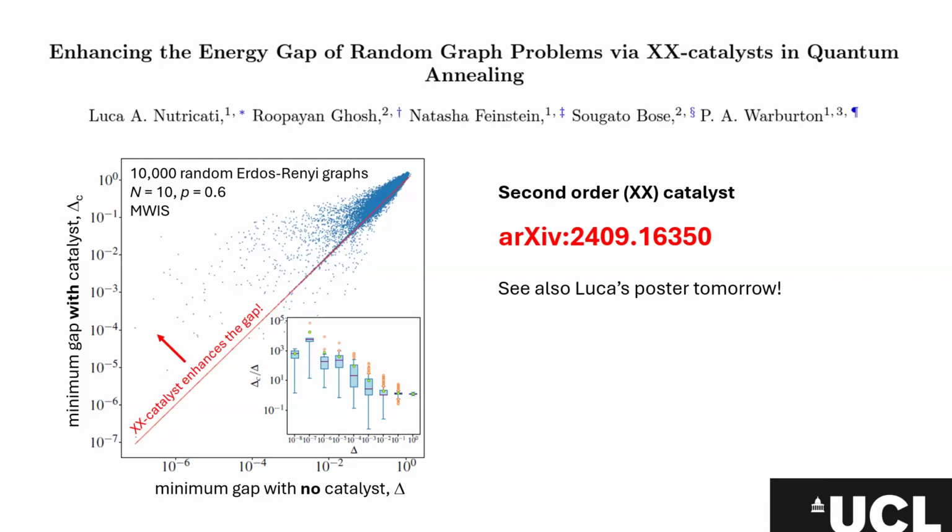On the y-axis, the minimum gap with this XX catalyst applied. And you can see that if you're above this red line, that means the catalyst is having a positive effect on enhancing this gap. And you can see in particular the hard problems with small catalyst-free gaps, you get an enhancement of the gap of 2 or 3 orders of magnitude. So speak to Luca or see his poster tomorrow to learn more about that.